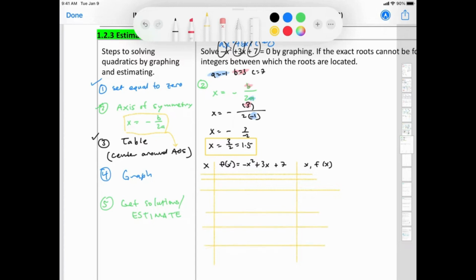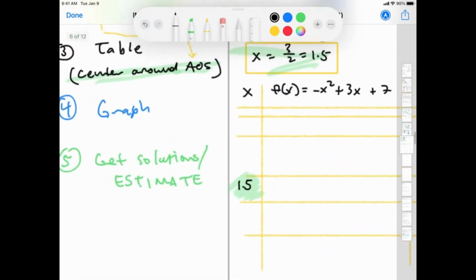Where does this one go? Super important. Like we just said, it centers around the axis of symmetry. So this is my axis of symmetry. Always, always, always put it in the middle. What are we putting there? You can put in the fraction or you can put in the decimal. It is your choice. It's good to use fractions and know how to do them. So let's just put in the decimal to help us with number sense. So 1.5 is between 2 and 1, and you can go from there and go down.